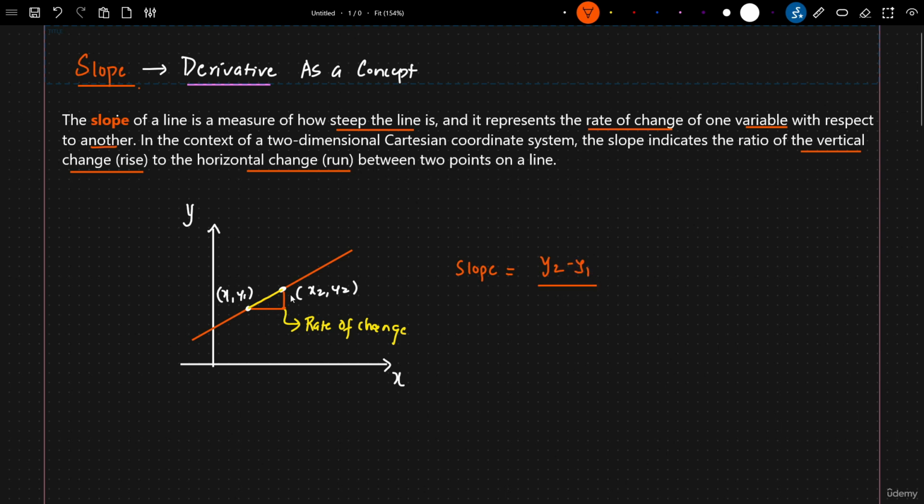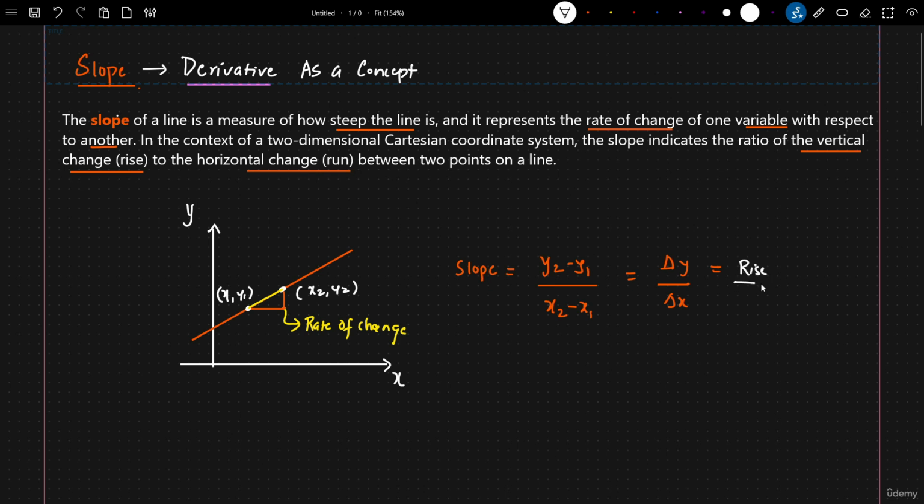We are trying to find out how much the y coordinate has actually moved. Similarly, we will go ahead and divide this by the x coordinate, right? x2 minus x1. This can also be specified as delta y by delta x. Delta y basically means the rate of change with respect to the y variable, and this is nothing but the rate of change with respect to the x variable, okay? And usually delta y is called rise, right?